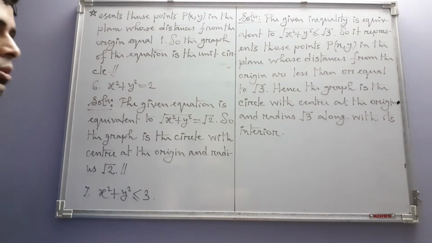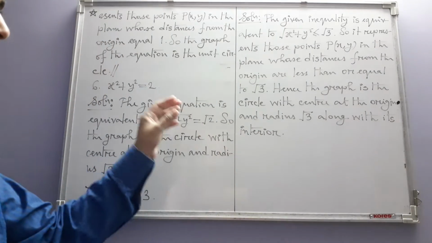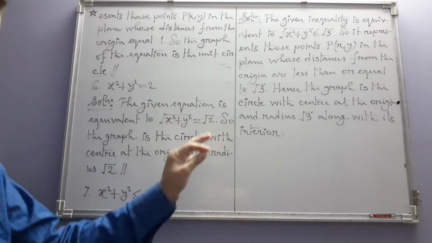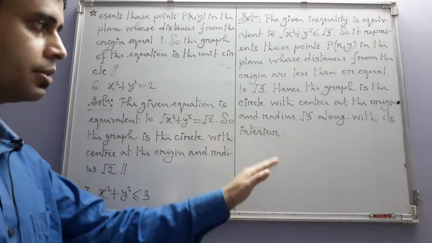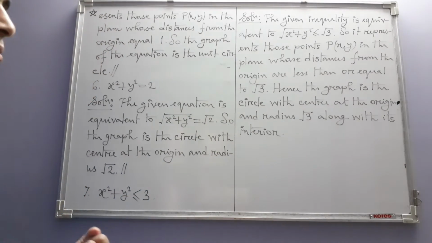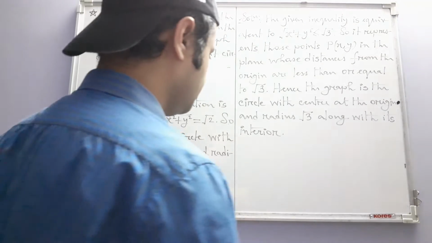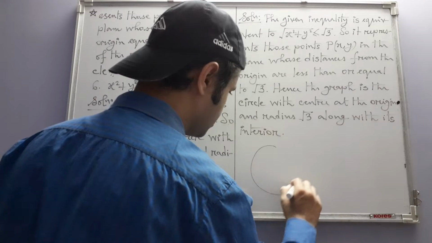Inside the circle also, for each point inside that circle, its distance from the origin is strictly less than square root of 3. So they are also included, and that's why we will have this.